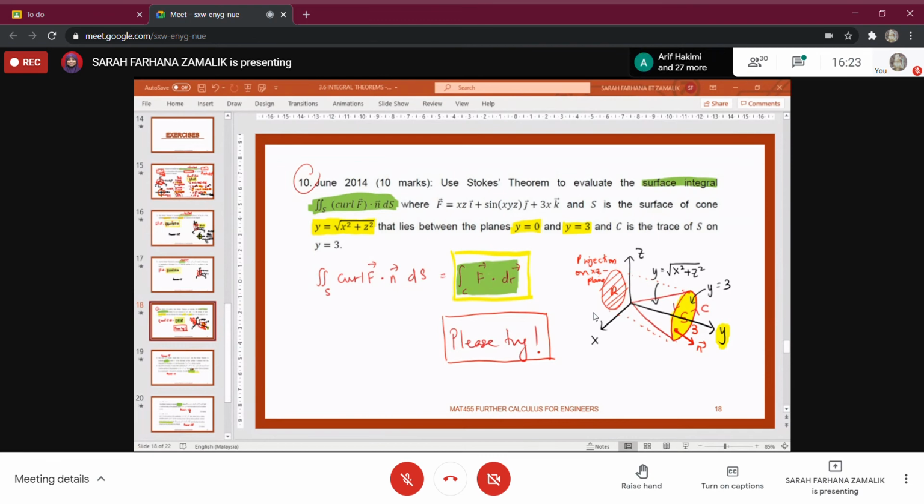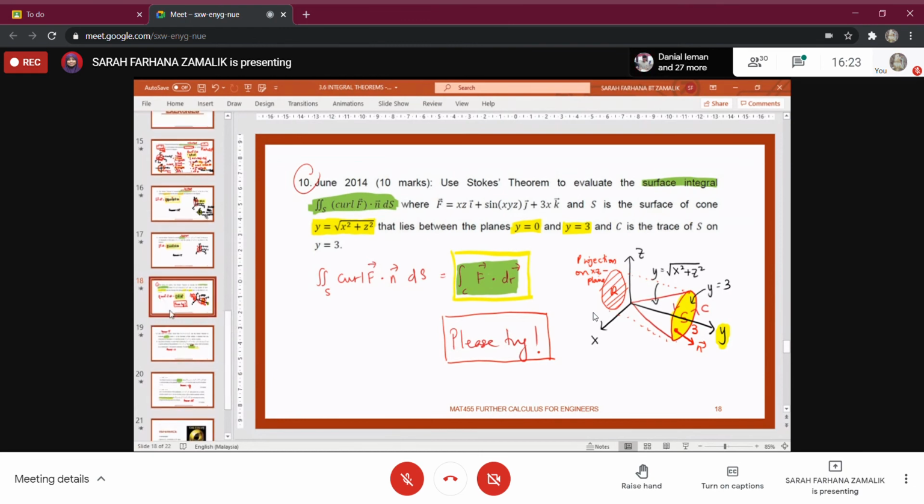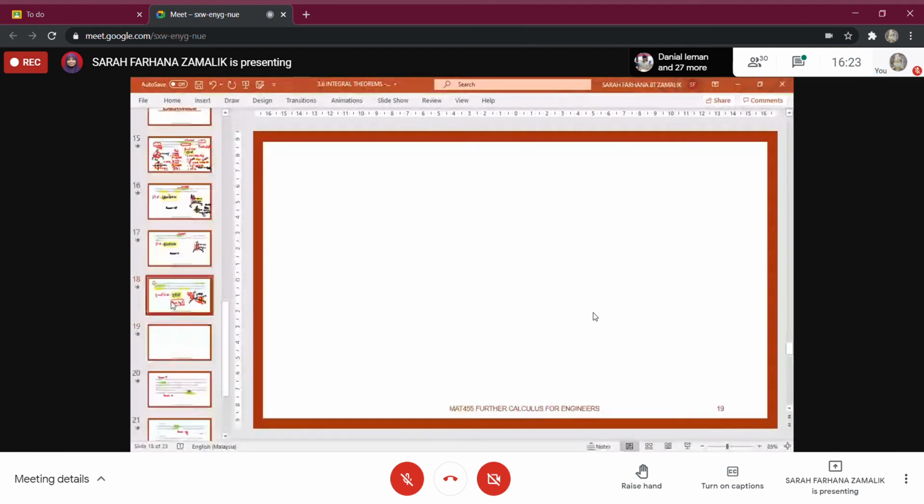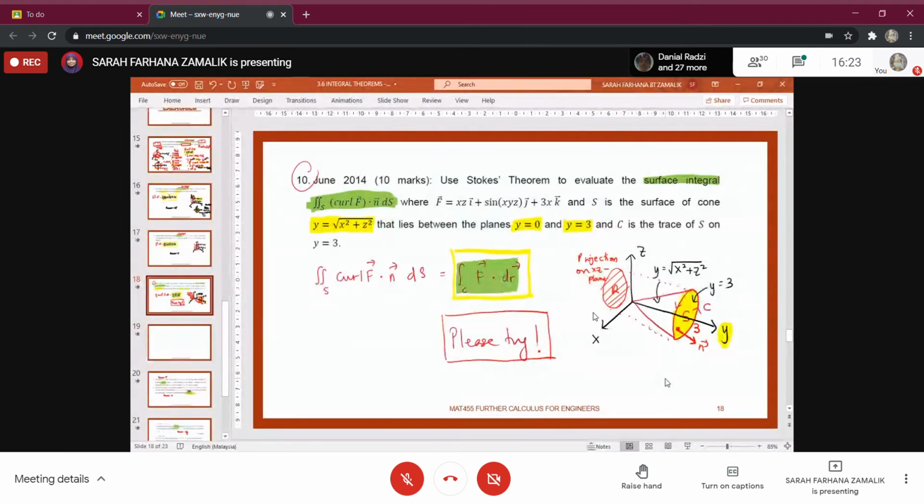Dah sampai mana dah? Kita nak integrate. Okay.